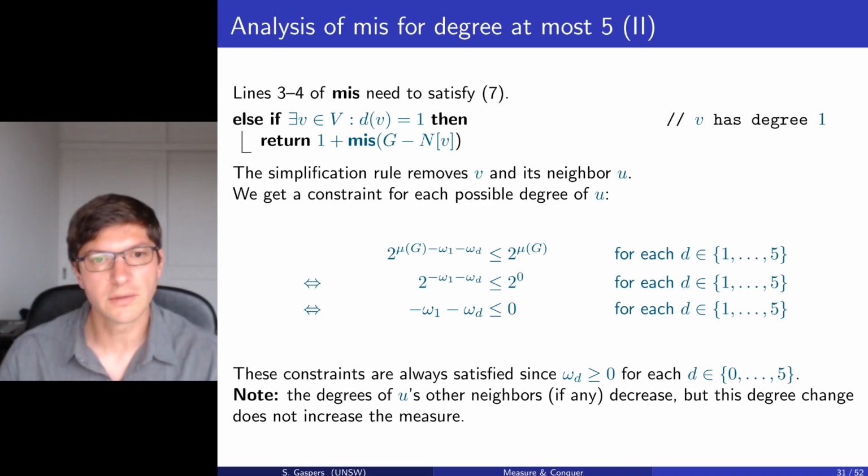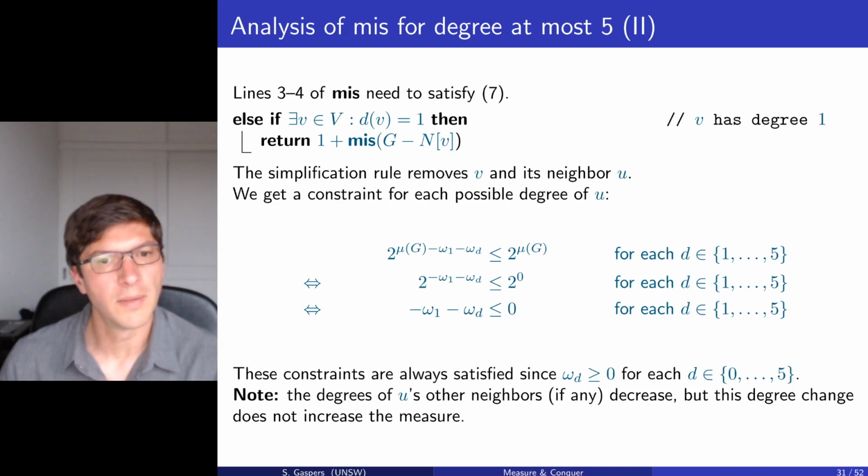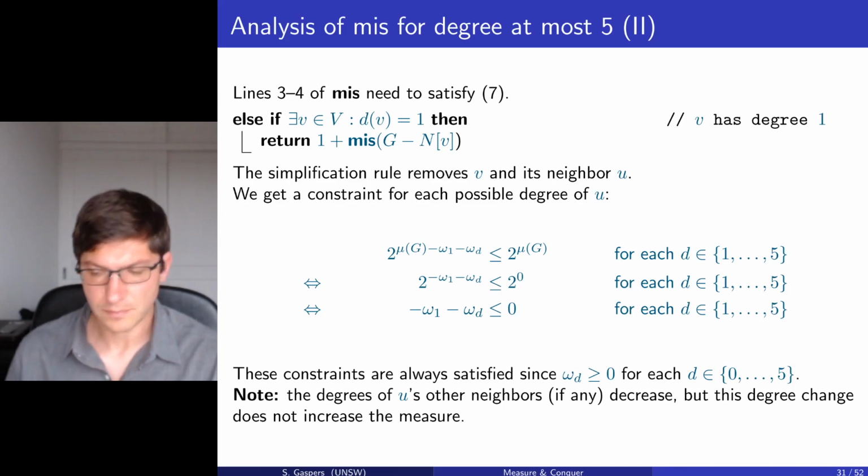Okay, so now we get this constraint, and so as usual we divide everything by 2 to the power mu of g. And then in the next step we take the log base 2 on both sides, and we get the constraint minus omega 1 minus omega d is at most 0 for every possible d that's between 1 and 5.